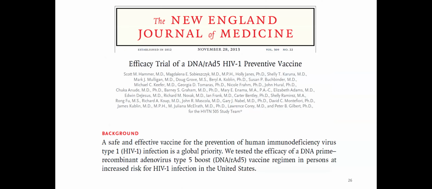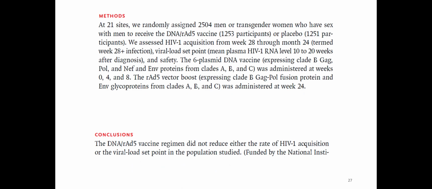So just to give a few examples of trials that are specifically looking at efficacy and those that are specifically looking at effectiveness. This particular study looked at the efficacy of an HIV vaccine to prevent HIV. So this is just the background here. In the methods section, we can see that the patients received either the new vaccine that was under study, or the placebo.